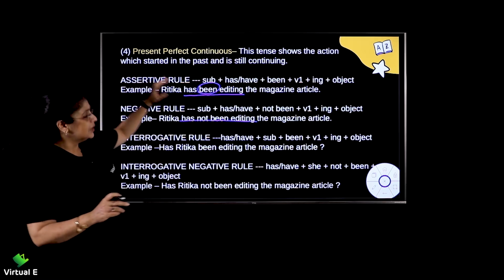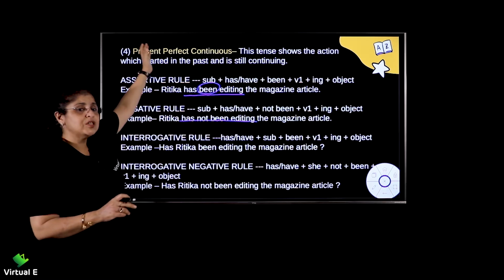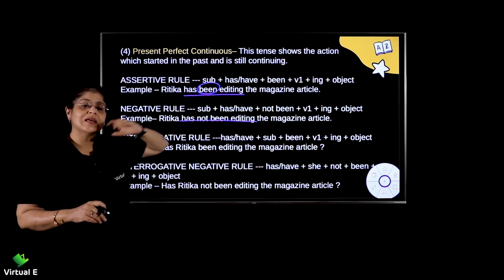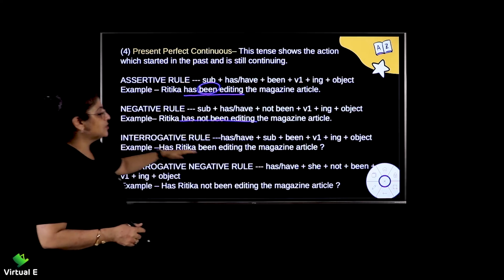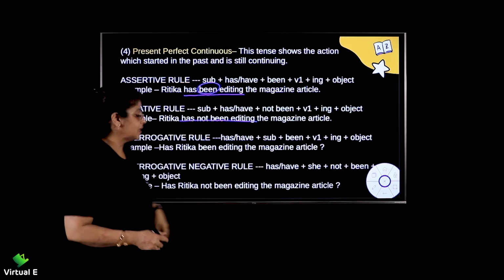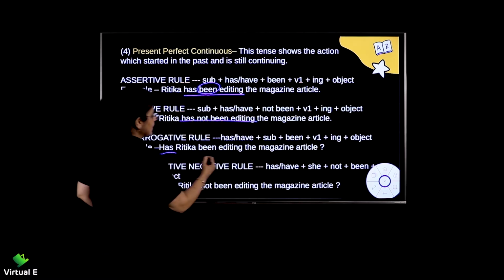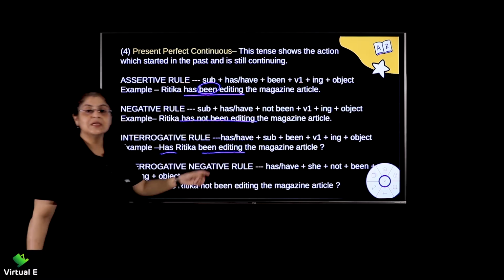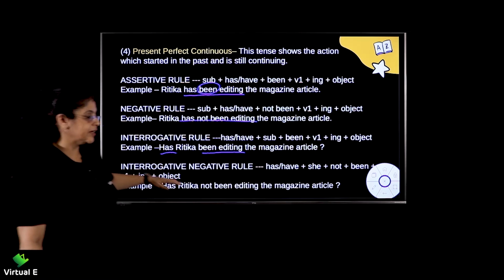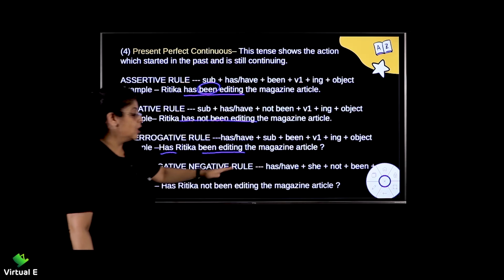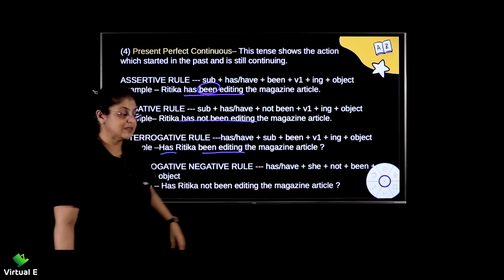And if you know this very well, the moment you see the name of the tense, you will understand how to frame it. Moving further to your interrogative, has Ritika been editing the magazine article? So, has and been editing the magazine article. Negative, interrogative negative, has Ritika not been editing the magazine article?